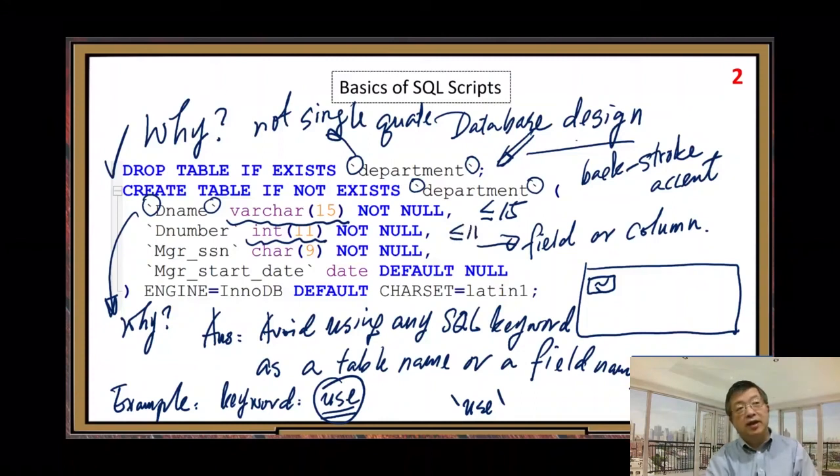Then the next one, character, CHAR, parenthesis 9. This is the fixed length. Because we already have a variable length string data type, we do not need another. So CHAR parenthesis 9 means exactly 9 characters. That's simple.